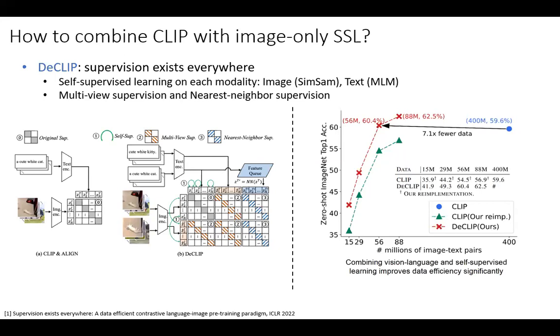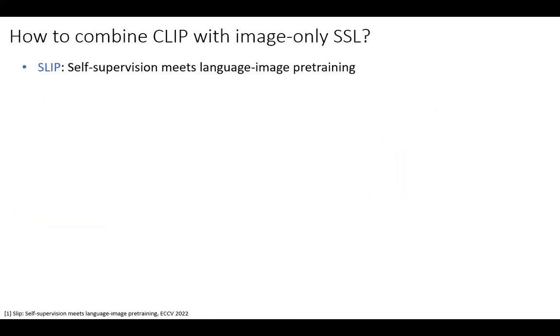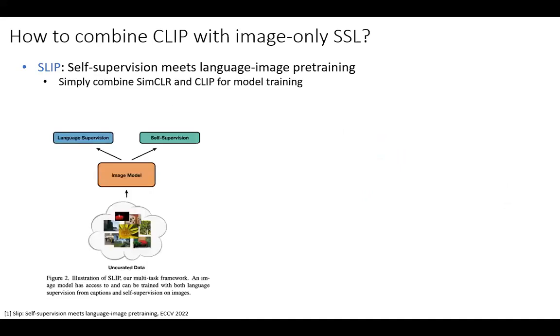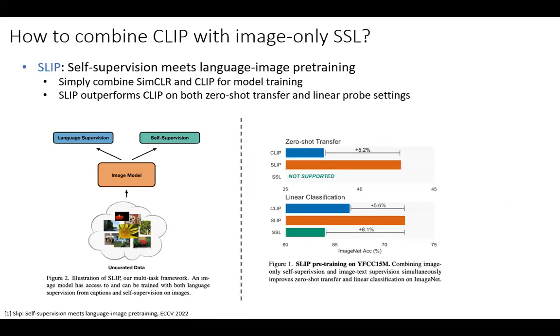For example, on the image side, they use the SimSiam loss as well. And then we also have another paper, and the idea is even simpler. It simply combines SimCLR and CLIP for model training. And by doing this, in an academic setup, they show they can have better zero-shot transfer and linear probe performance.